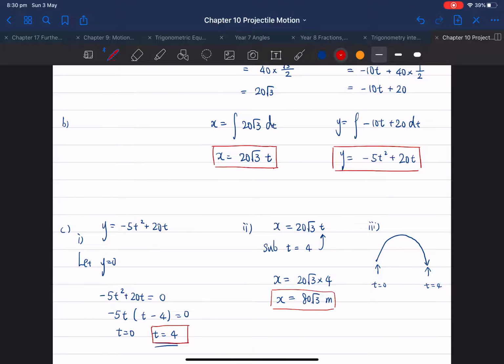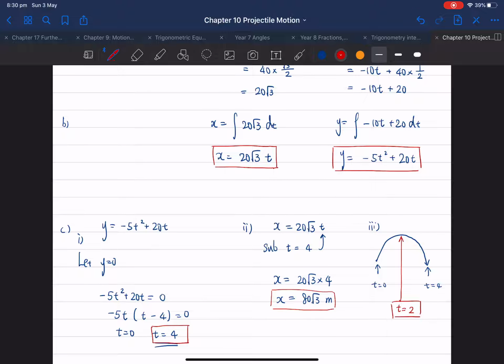Because it's a symmetrical diagram, right in the middle, time is equal to 2. So you don't really need to use the first derivative of y, which is y dot, and let y dot equal 0 to find the time. Because it's a symmetrical diagram, you can assume that maximum height happens when t equals 2.